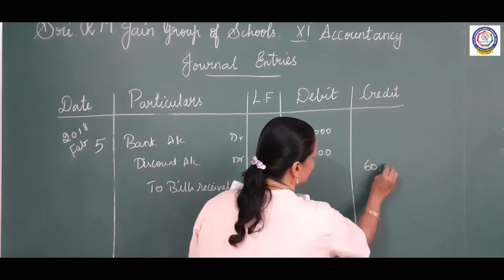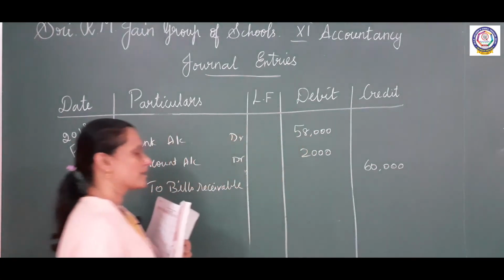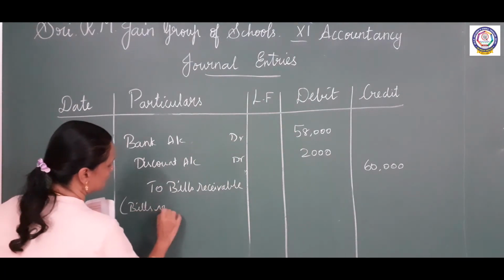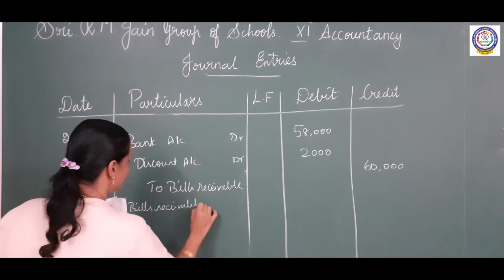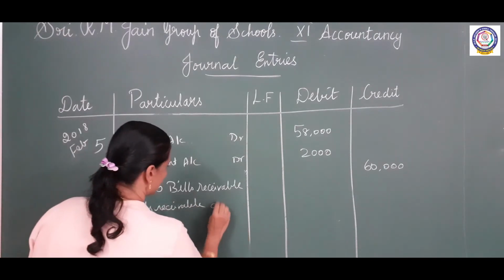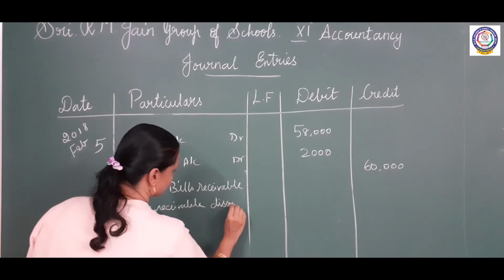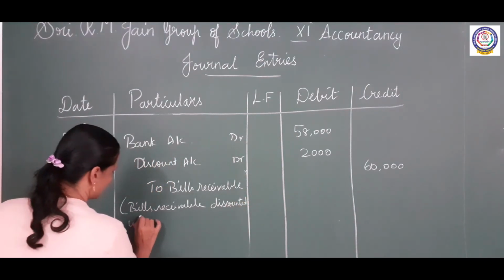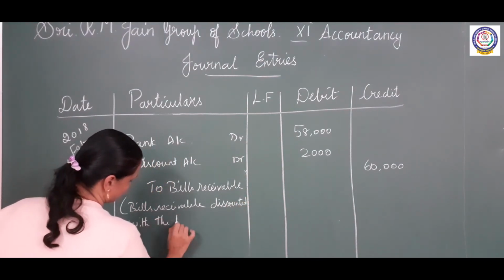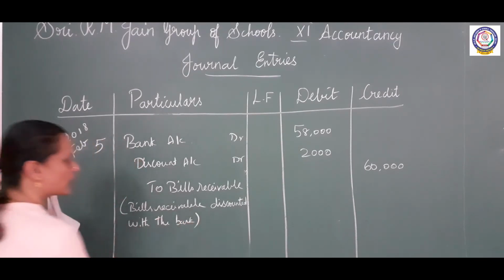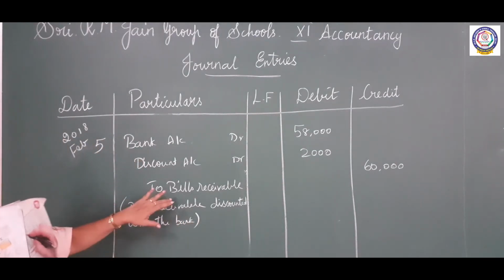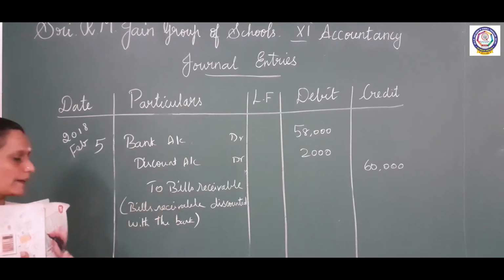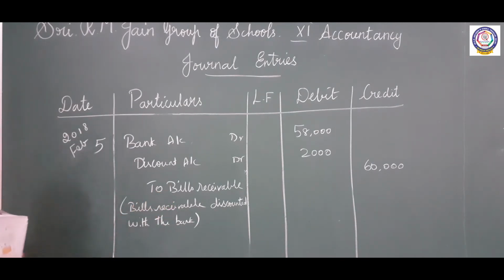Overall 60,000 rupees amount. Okay, so what should you write? Bills receivable discounted with the bank. Okay, the bank has discounted the bills receivable. Okay, copy this.